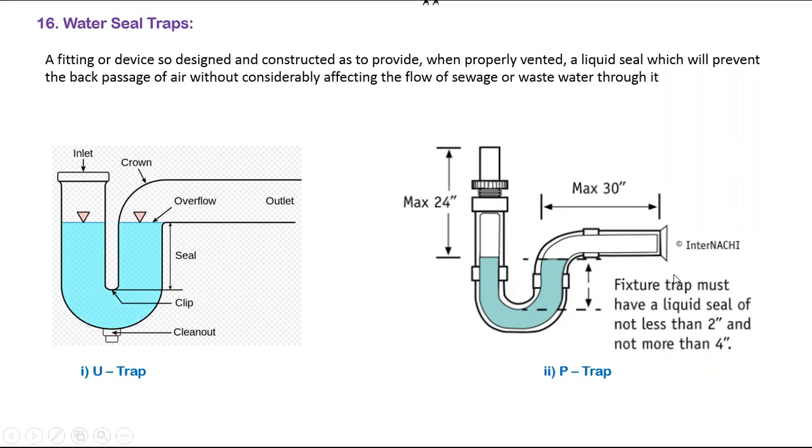Why? Suppose we are staying on the third floor of the building, and somebody is staying on the second floor or first floor. If you are throwing water into the drainage and you don't have any ventilating system, say you suddenly throw 10 liters of water into your wash basin, all the water will go.